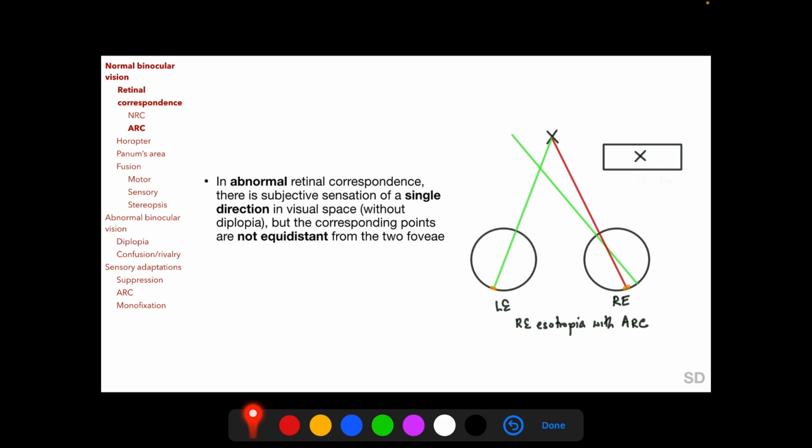But there is a sensory adaptation in the visual cortex called anomalous retinal correspondence, because of which the retinal area in the deviated right eye receiving the image of the target of fixation comes to have the same subjective sense of direction as the fovea of the fixating eye, and thus the patient perceives a single target with both eyes open and does not complain of any diplopia. Anomalous is the more appropriate word.